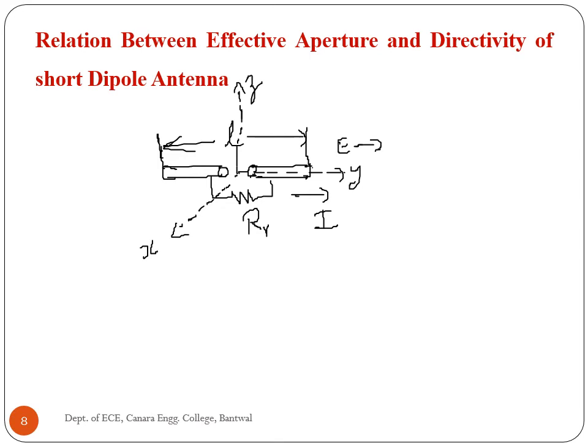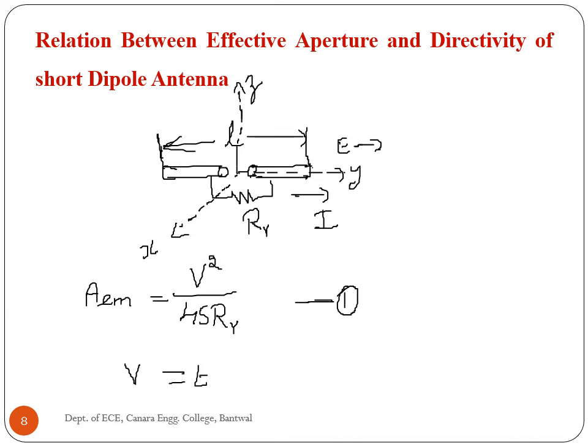We know that maximum effective aperture is equal to V square divided by 4 S RR. Induced voltage V is the product of effective electric field intensity and its length.